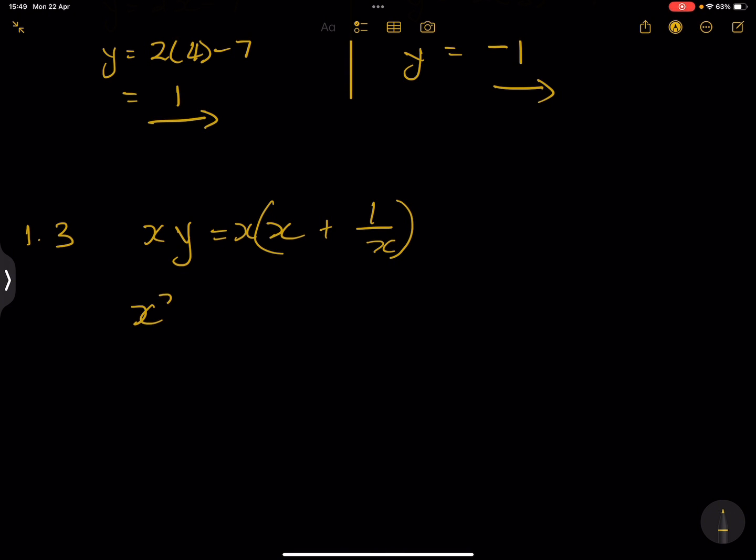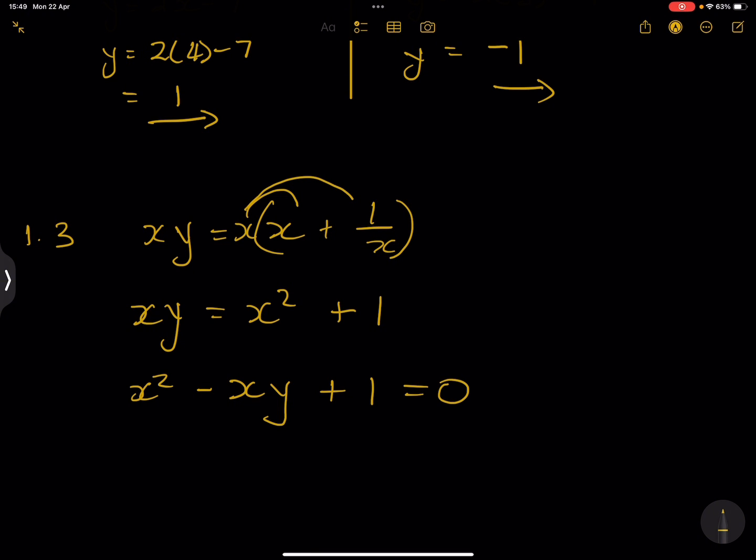So I'm going to have xy equal to x squared. x times x, that's x squared. x times 1 over x gives me 1. So that gives me x squared minus xy plus 1, and this would be equal to 0.